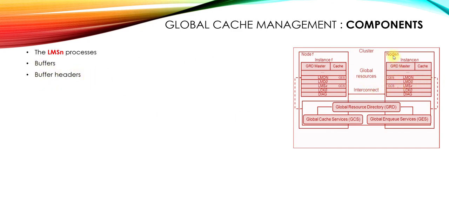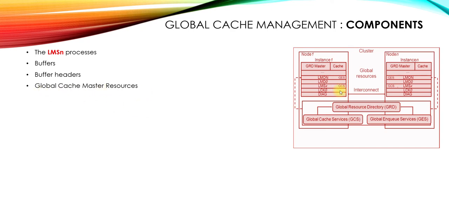Because buffers are stored here, cache management is actually taking one buffer, serving a specific session or a specific resource, and passing it down using the interconnect from one node to another node.